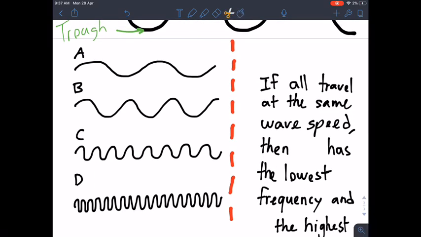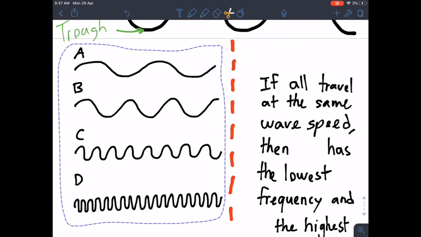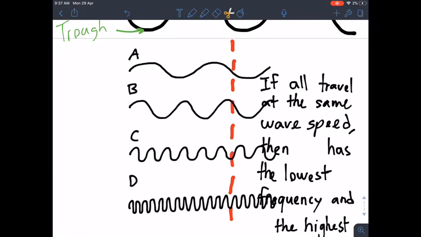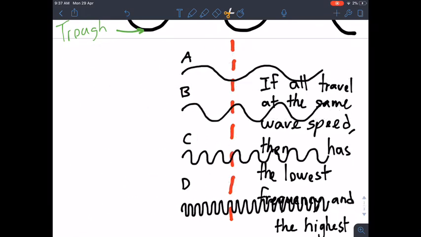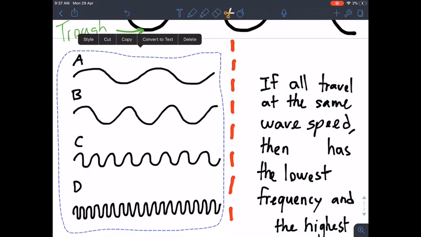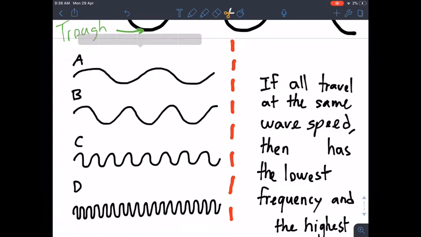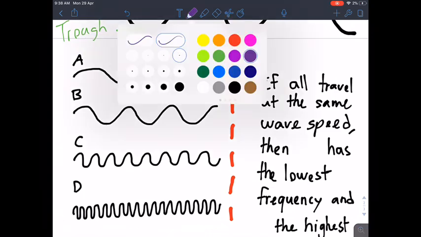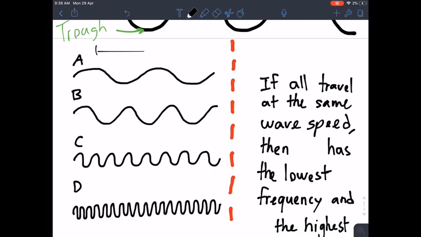If we look at these waves that I've drawn down here, and we want to look at their wave speed, we would have to think about the waves actually moving from one place to the next. And wave speed would be measured by counting how far the wave moves. So let's say that this is like a distance from here over to the red dotted line of 10 meters.